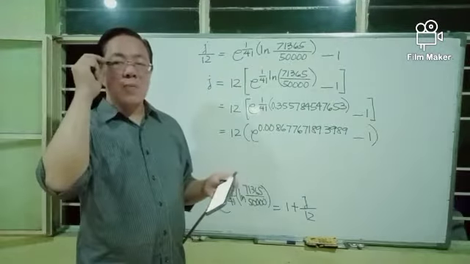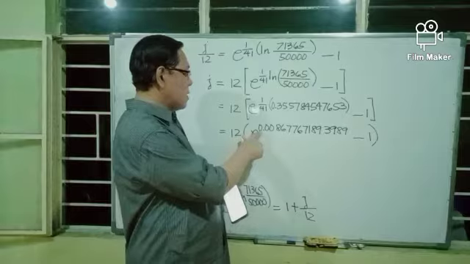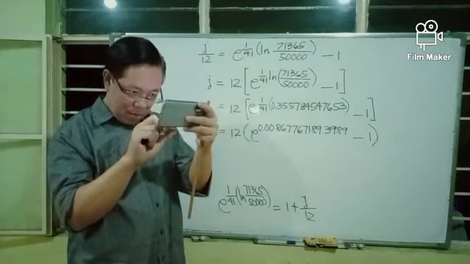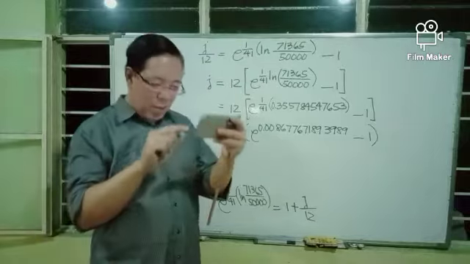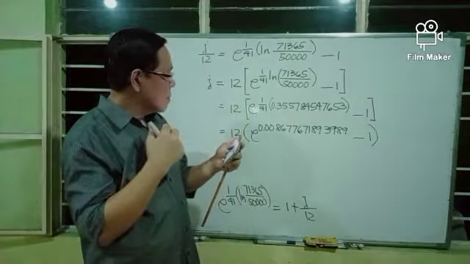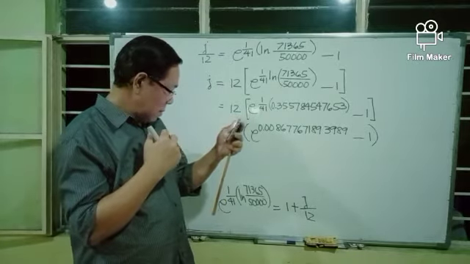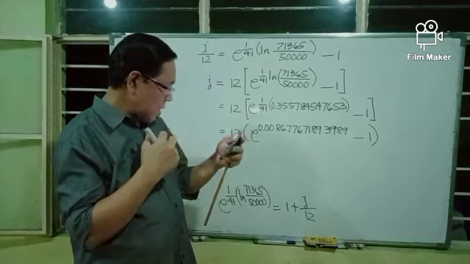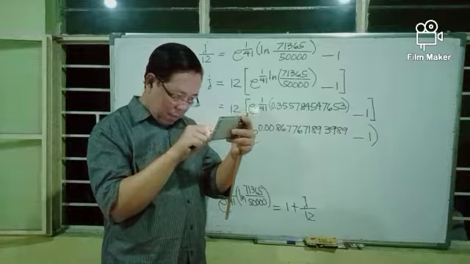You press the exponential key in your calculator, e to the power x, and enter 0.008677671893989.